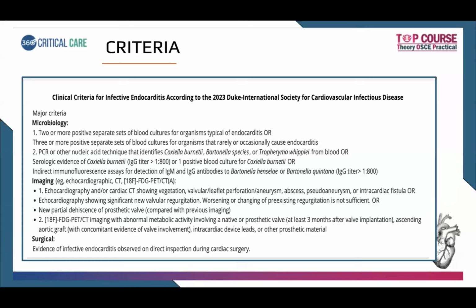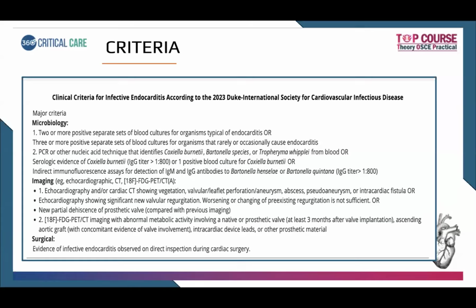Coming on to minor criteria: any predisposing risk factors the patient has, like previous history of endocarditis, prosthetic valve or valve repair, congenital heart disease, more than mild regurgitation or stenosis of any etiology, any implantable device, HOCM, or IV drug abuse history.